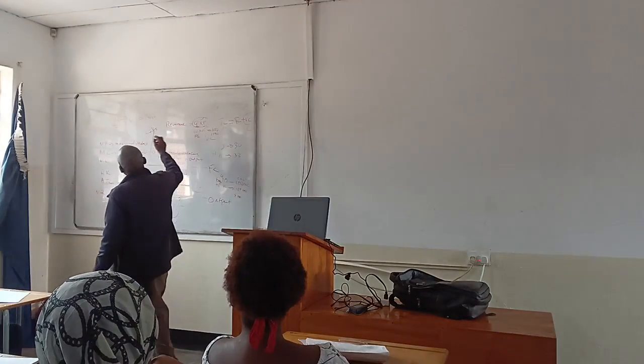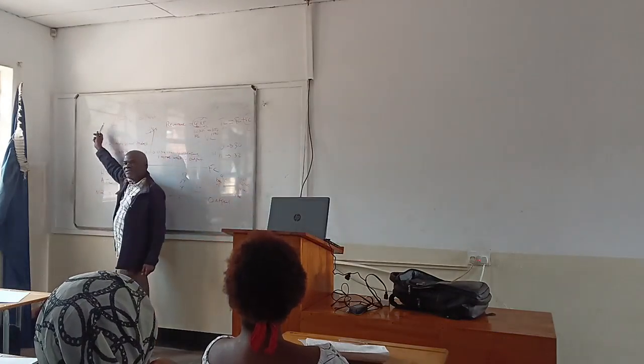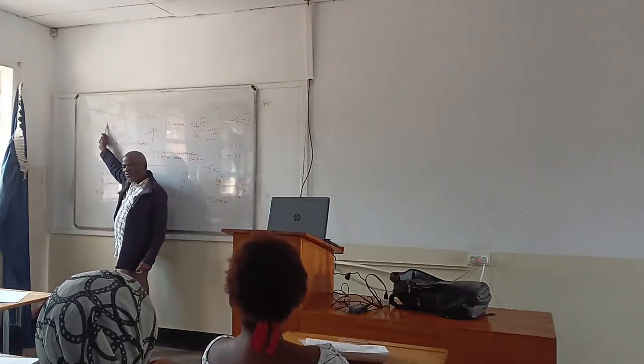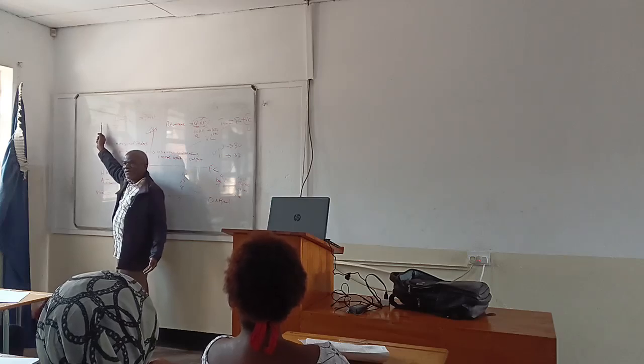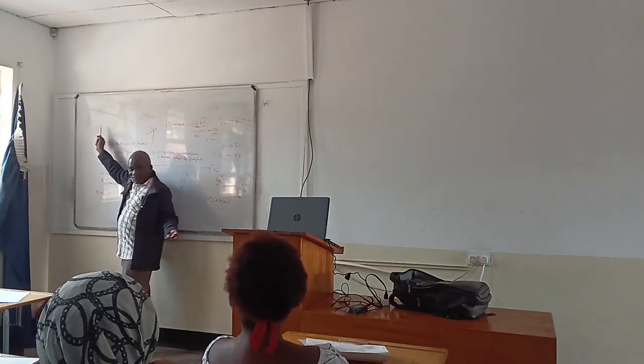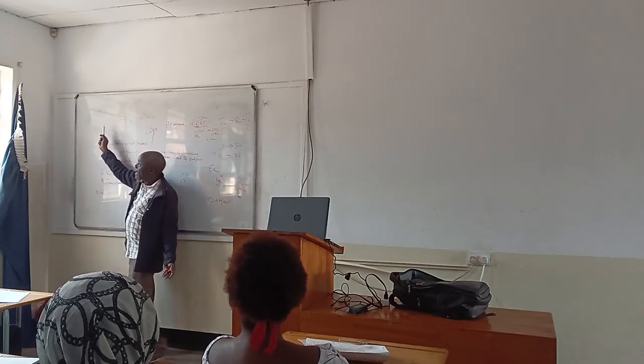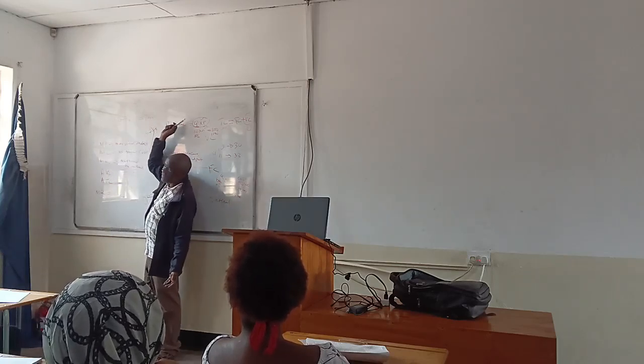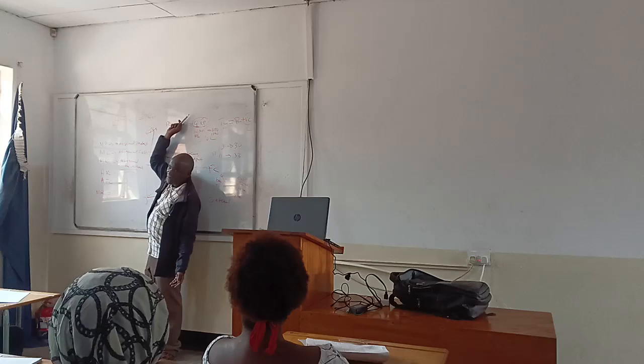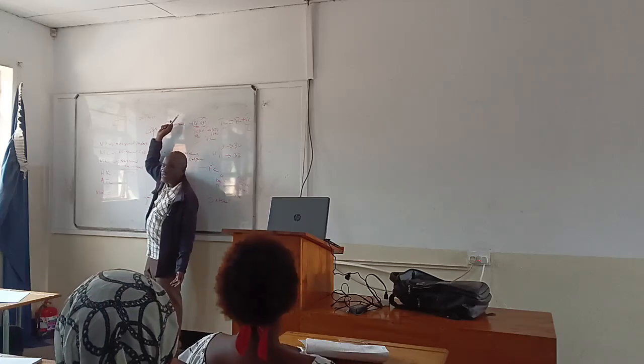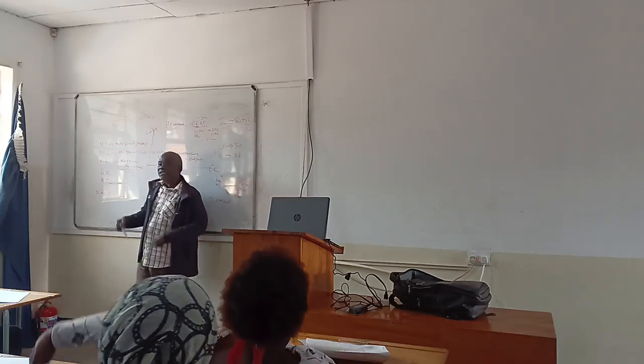So now, if you're in business, you always want to make sure that you generate as much revenue as you can. And this is how you define what revenue is all about. But the problem is you can't control P. Now, supposing P is going up or going down, you as a producer, how do you respond?